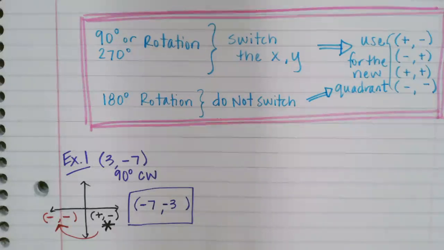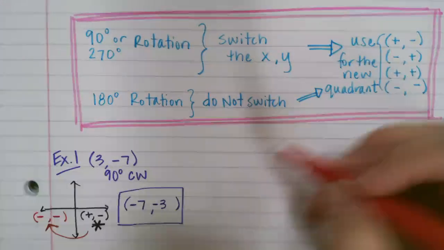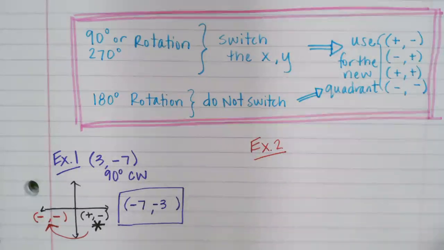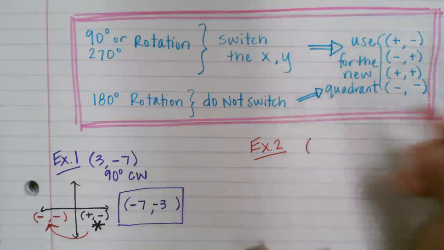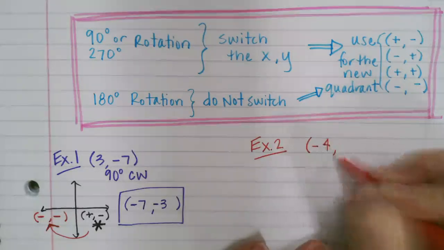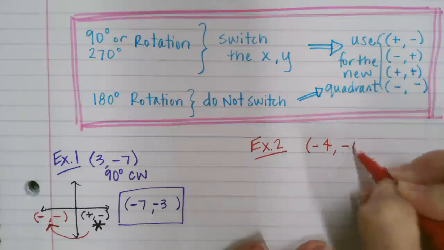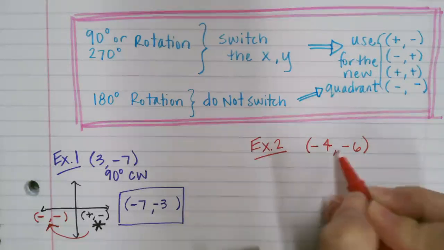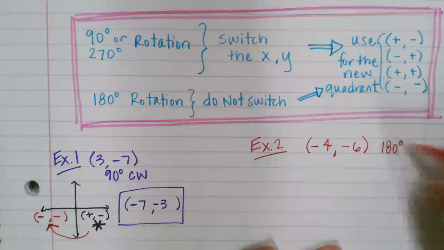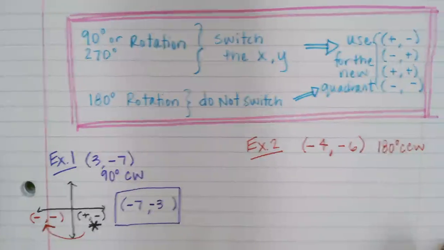All right, let's try one more. For example 2, I'm going to give you the point -4, -6. And let's do a 180 degrees counterclockwise rotation.